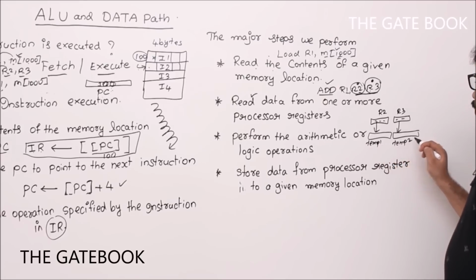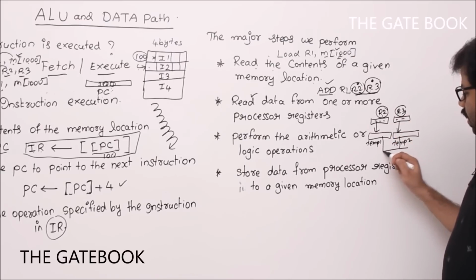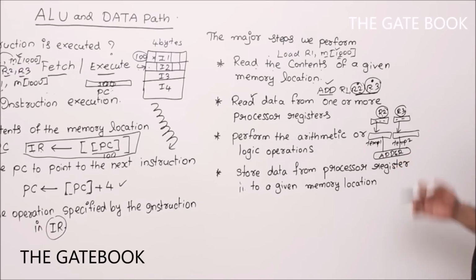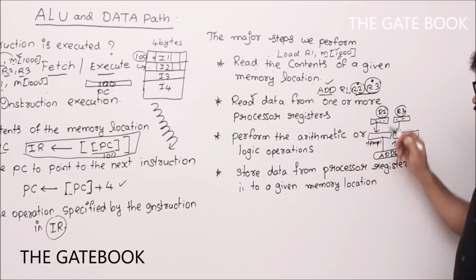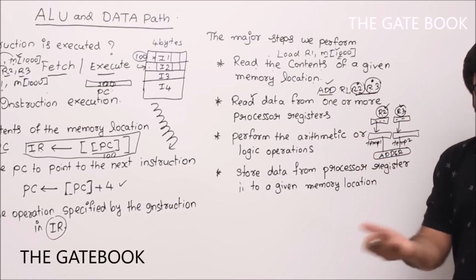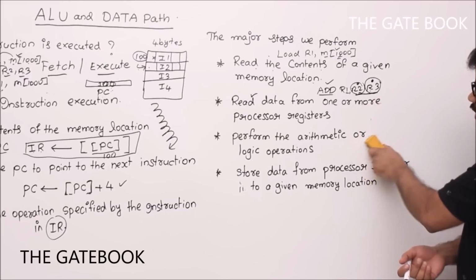That means we are reading the data in R2 and R3. After that, we will be connecting them to maybe an adder circuit. To do addition of R1, R2, R3, we are reading the data from R2 and R3, then we will be adding them later, correct?